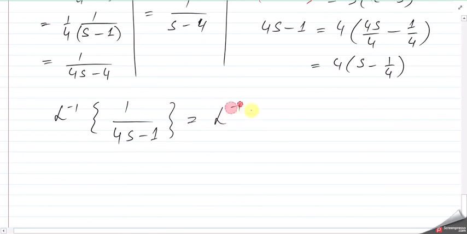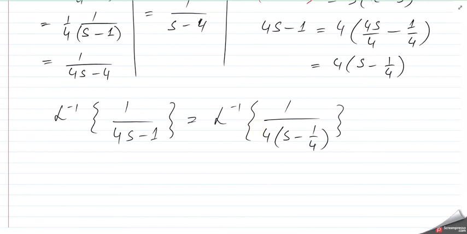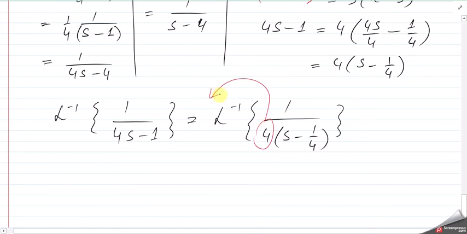So this becomes 1 over 4 common s minus 1 by 4, right? Now this 4 is a multiplier and it can go outside of the inverse. We can write 1 by 4 Laplace inverse of 1 over s minus 1 by 4.